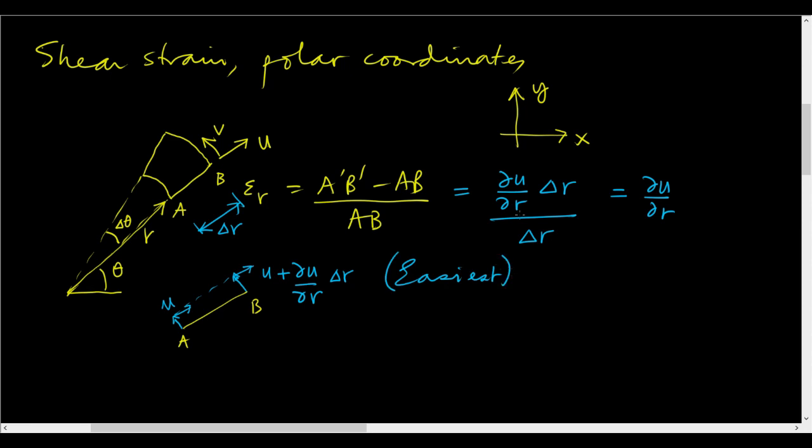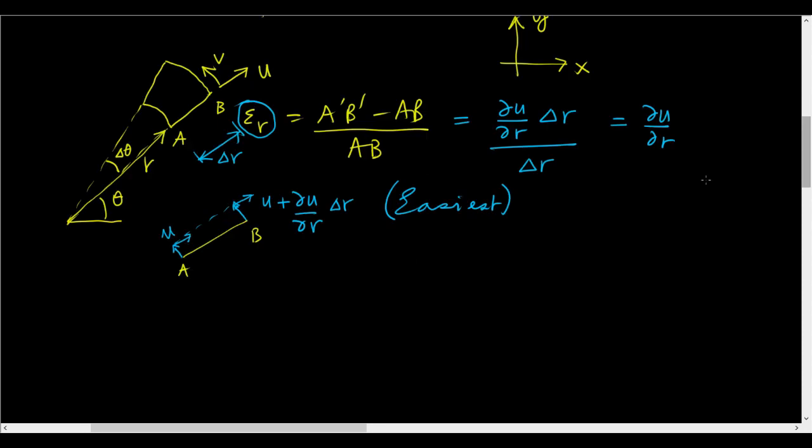Okay, we've got epsilon r. Now we want to do epsilon theta. For epsilon theta, we have to see how this changes. So let this point be C. Now we want A prime C prime minus AC by AC.